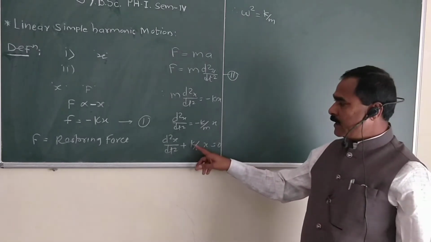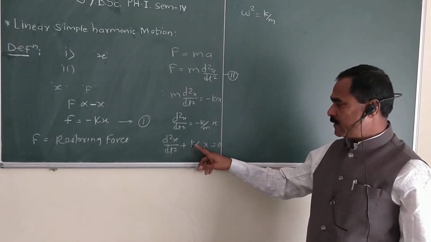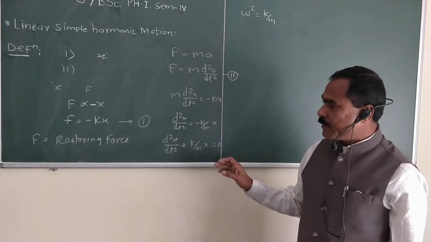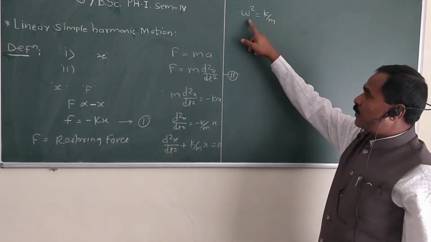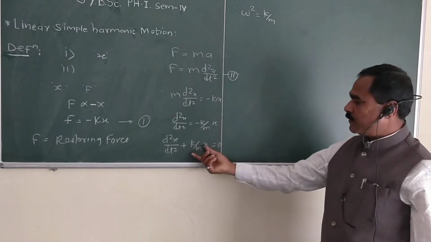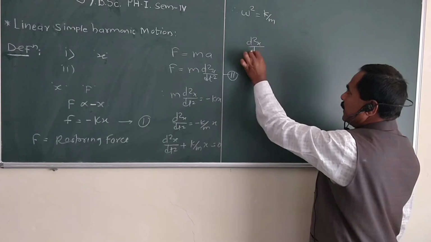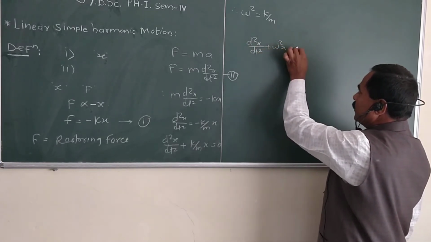where k is the restoring force per unit displacement. From this, k equals restoring force per unit displacement, and we substitute k upon m equal to omega square. So we write this equation d2x by dt square plus omega square x equal to 0.